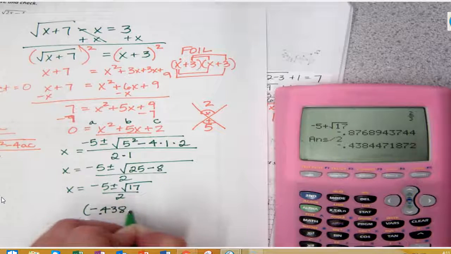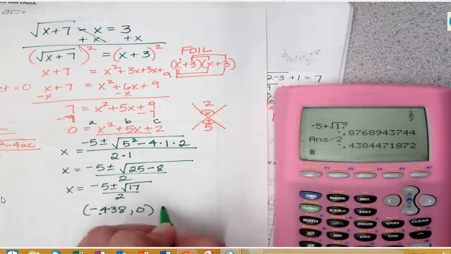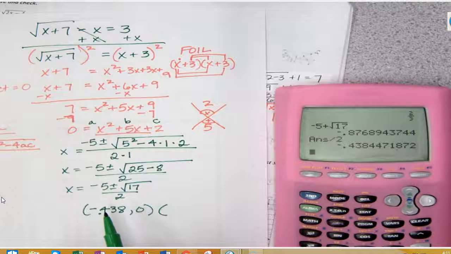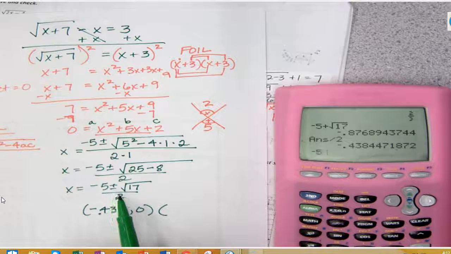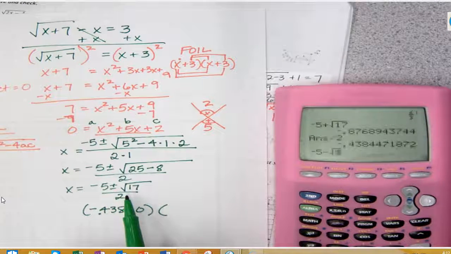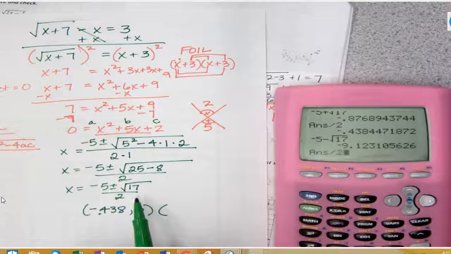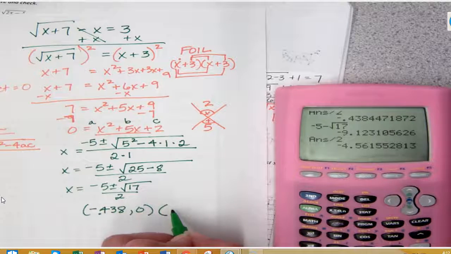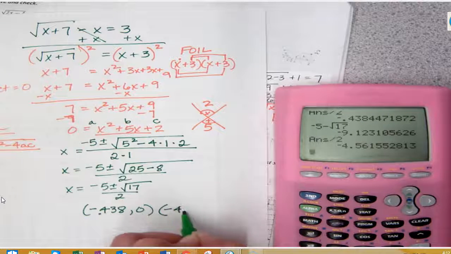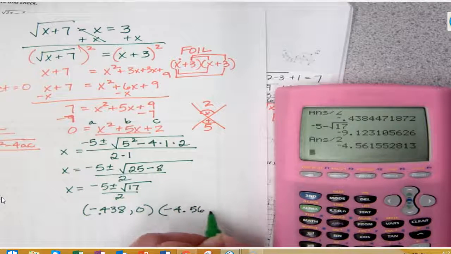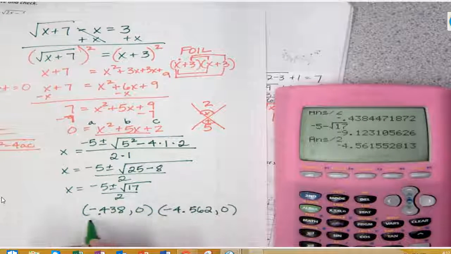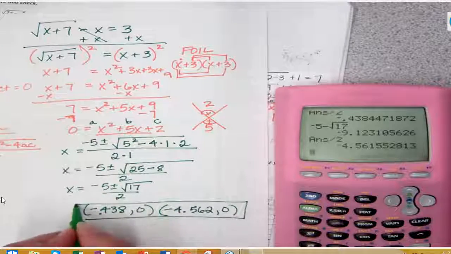We'll just do it to 3 decimal points. Your other zero is going to be negative 5 minus the square root of 17 divided by 2. And that would be negative 4.562. So here are your answers.